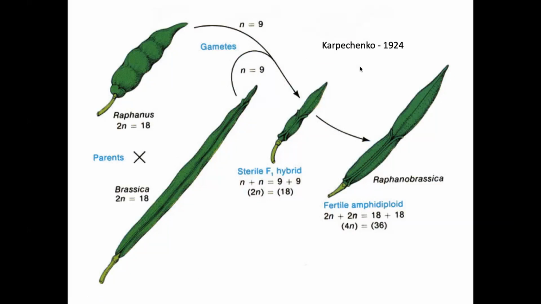Again, remember, that's where broccoli, cauliflower, Brussels sprouts, and other vegetable crops are derived. He wanted to combine those characteristics with the radish, the species within the genus Raphanus. So what he would do is artificially, just like Mendel did, cross-hybridize the brassica with the radish.